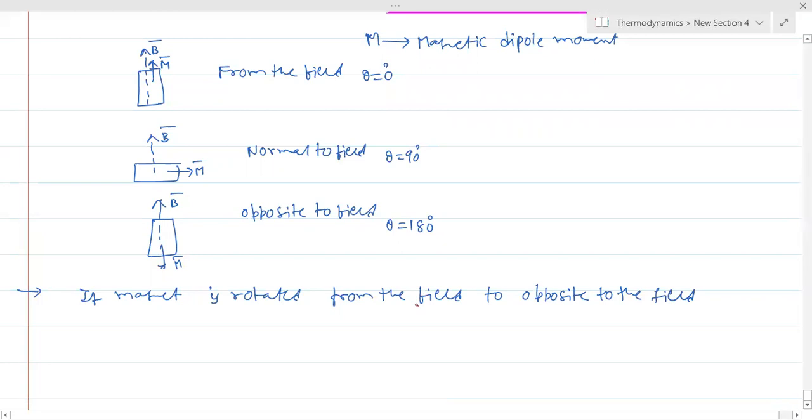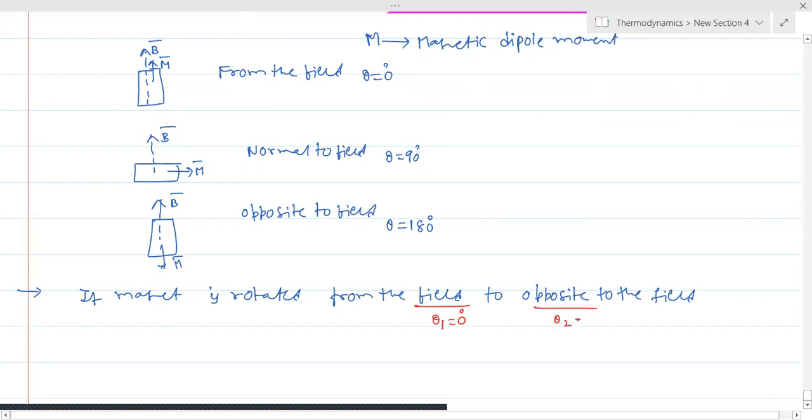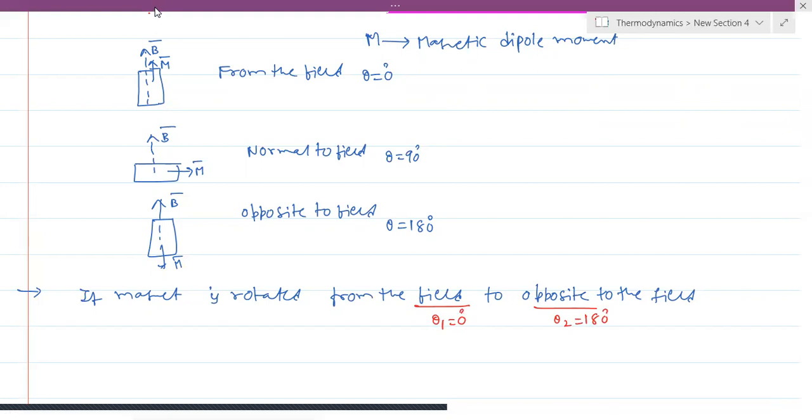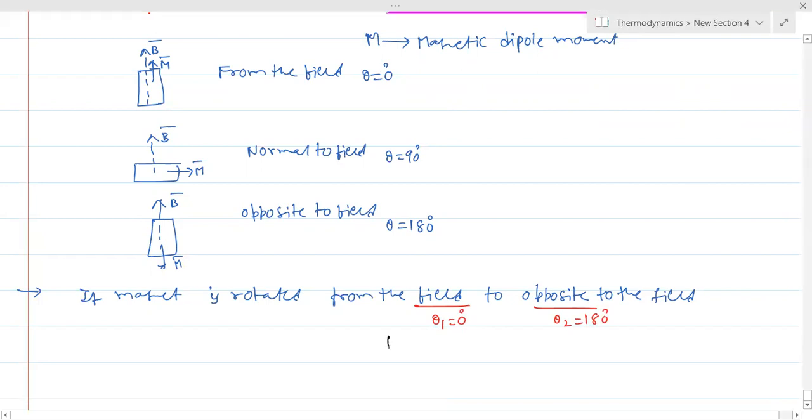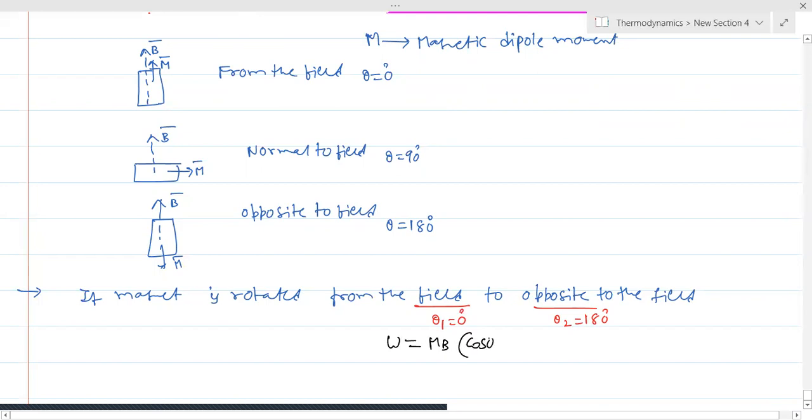From the field, we will take theta 1 equal to 0, and opposite to the field, we will take theta 2 equal to 180. So in both the discussions, simply we will take W equal to MB into cos theta 1 minus cos theta 2. By substituting both of them, we will get 2 into MB.